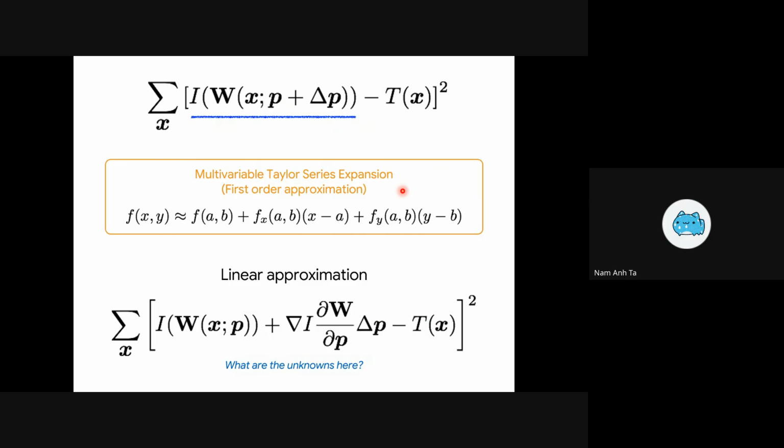All that remains is to solve this as a standard least square problem. By setting the derivatives with respect to delta P to 0, we can directly compute the optimal adjustment needed for this iteration.